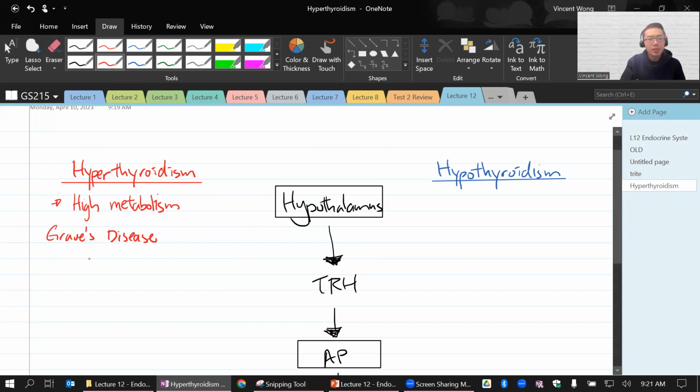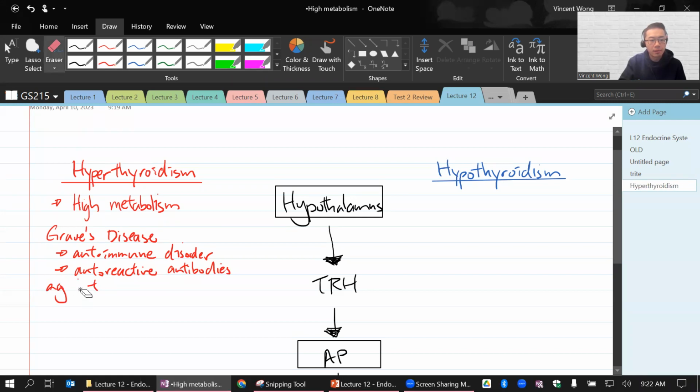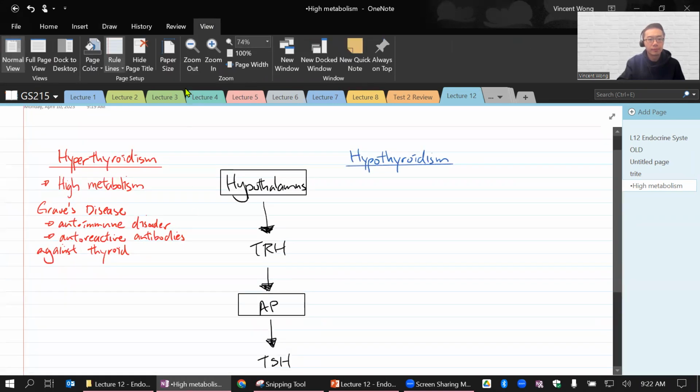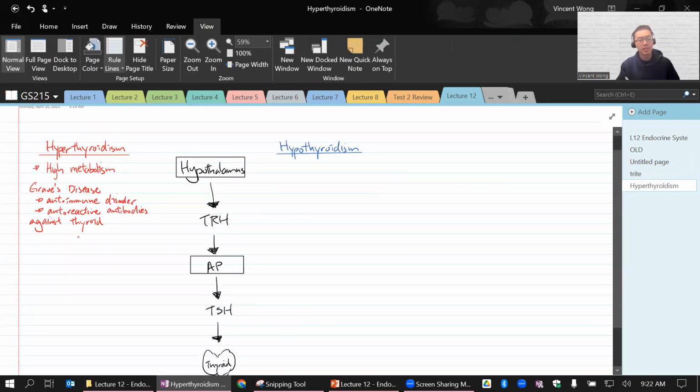So Graves' disease is an autoimmune disorder. Okay, you have autoreactive antibodies against the thyroid. So there are these antibodies that you produce that will be permanently stuck on the thyroid.